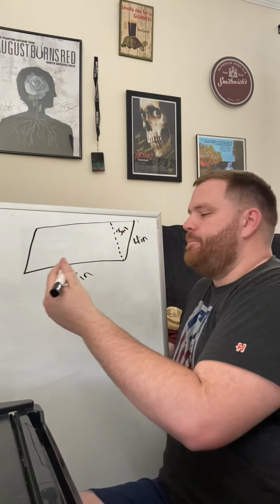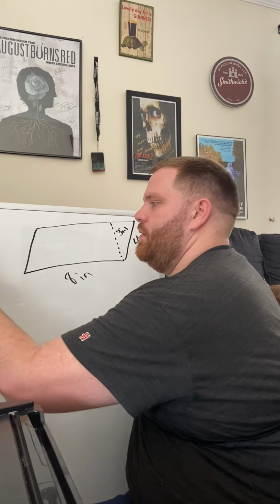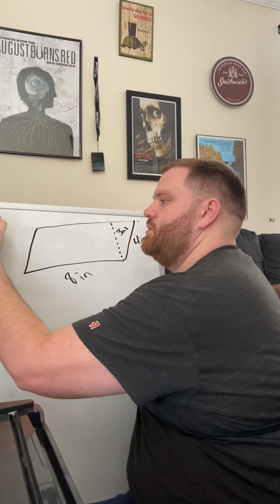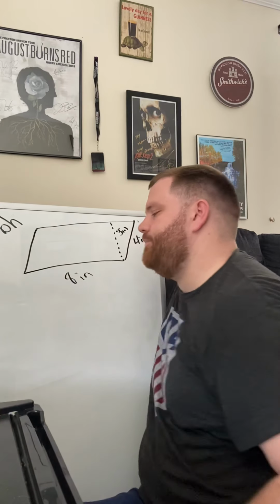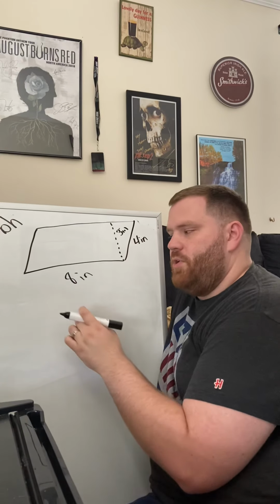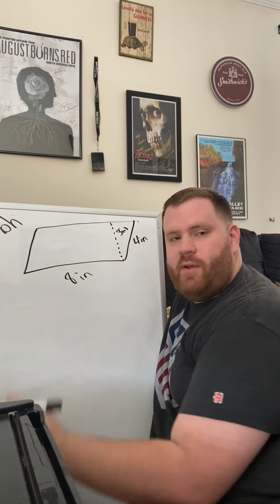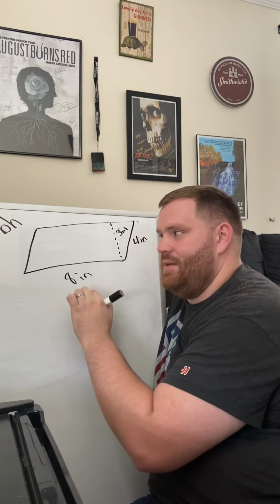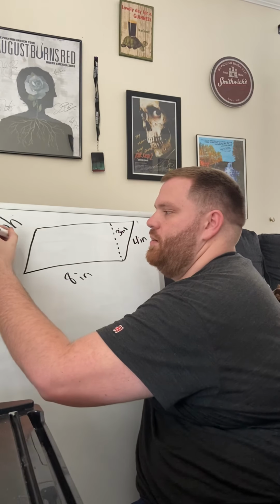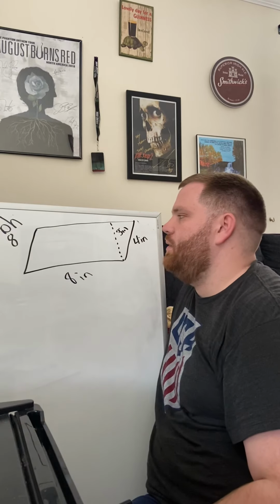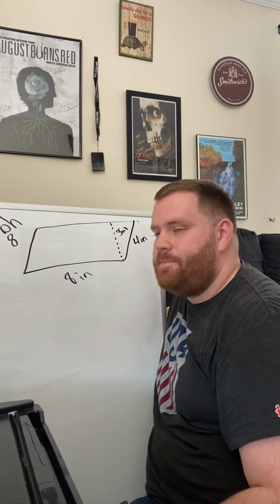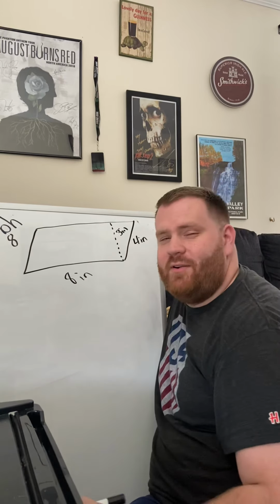A equals base times height. Since the base is on the bottom going all the way across, B is 8. Now, for my height, I have either 3 or 4.